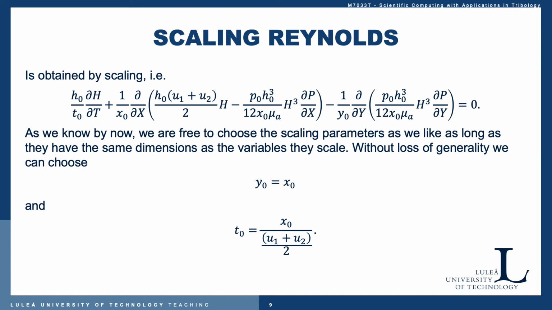So in this case, if we have a bearing, we can, without loss of generality, choose y0 to be x0, as long as the bearing is finitely wide. And we can also choose the time reference parameter like this. We combine it with the average velocity of the surfaces, the so-called entrainment speed, and the reference parameter x0.